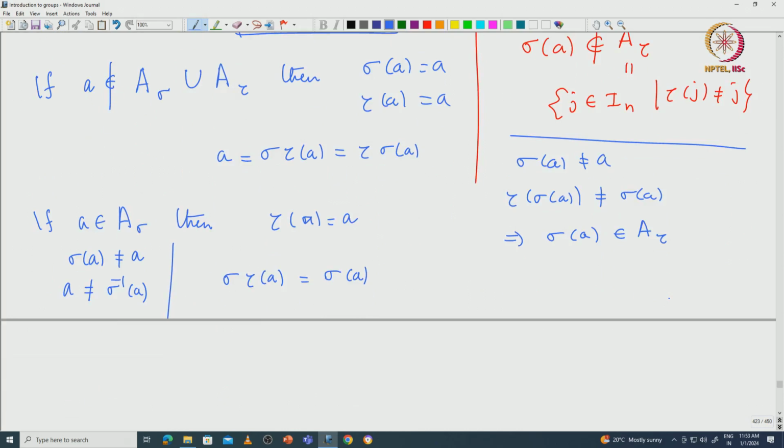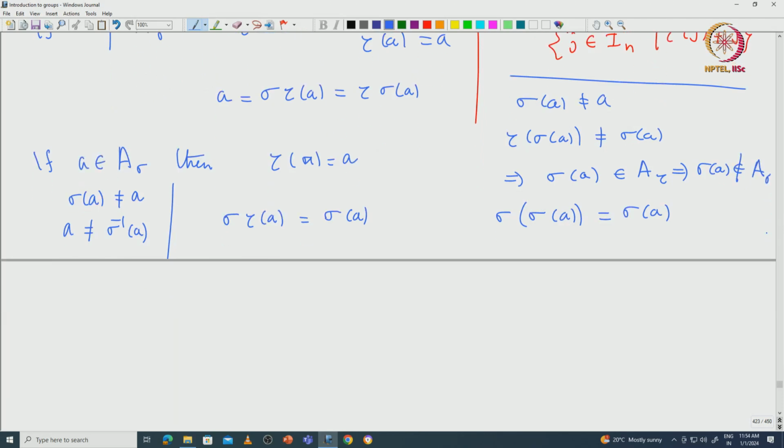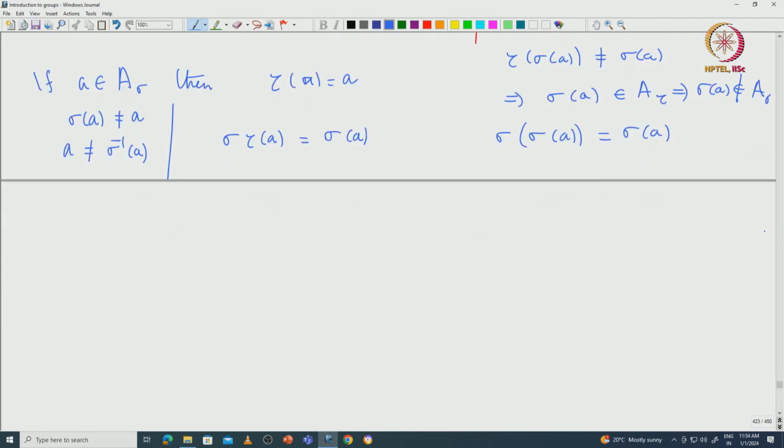So, since A tau and A sigma are disjoint, this forces that sigma of A is not in A sigma. So, when you apply sigma on sigma of A, that should fix sigma of A.